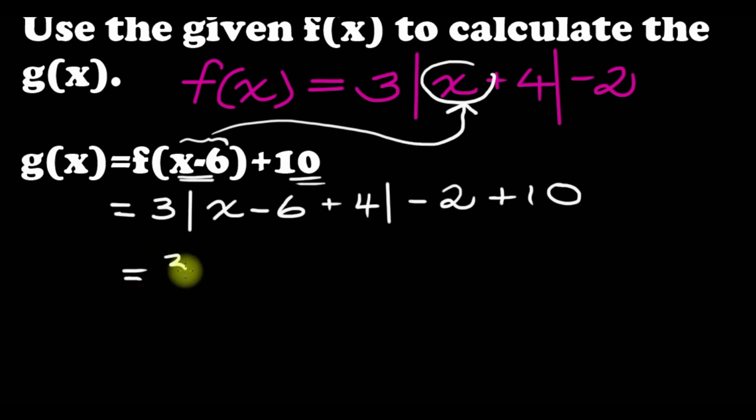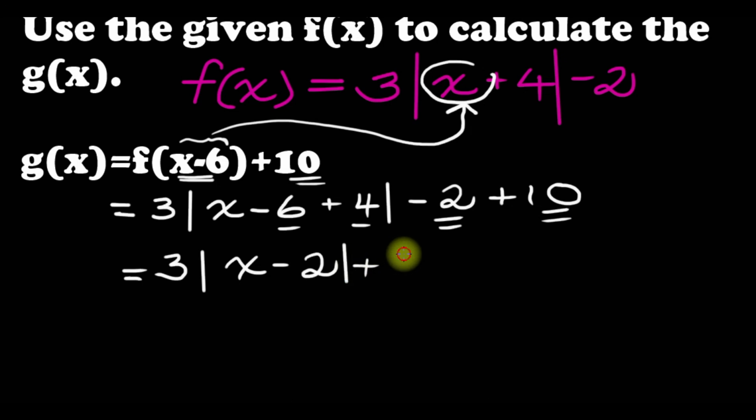Here we have 3 absolute value of x, take away 2. Negative 6 plus 4 is negative 2, and then negative 2 plus 10 is positive 8. So this is what g of x is.